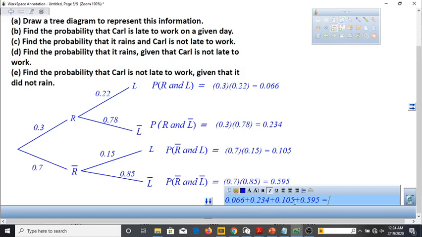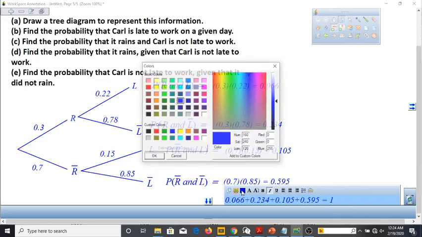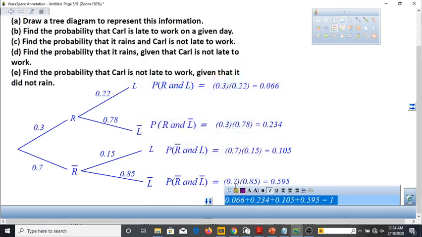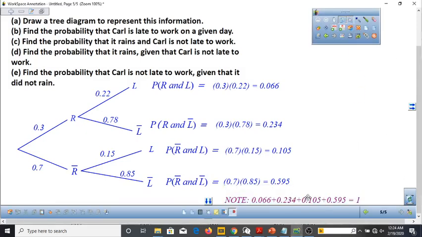And 0.105 plus 0.595 is going to be 0.7. And that happens to work out to be 1. I'm going to just change the color there to show that as a side note. So that confirms what I said before.